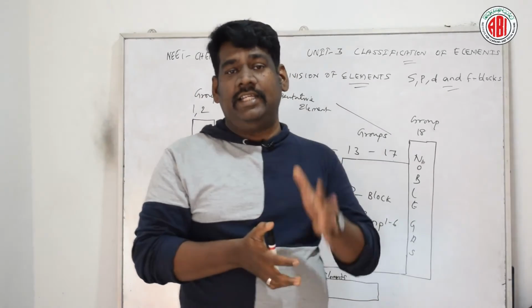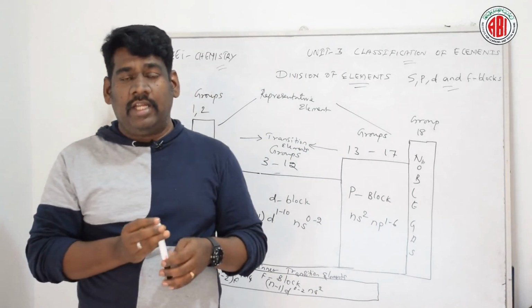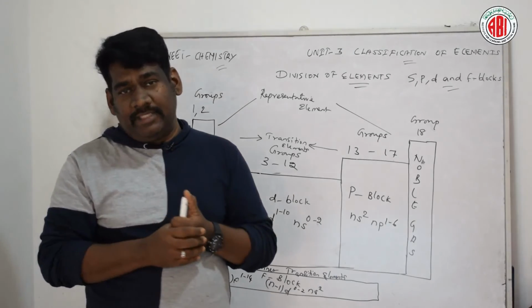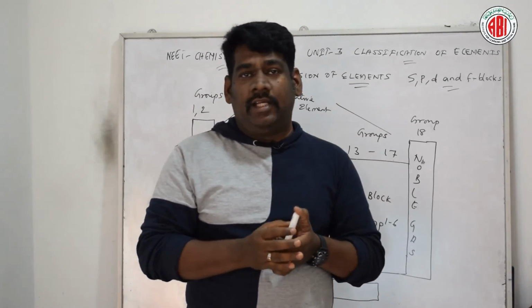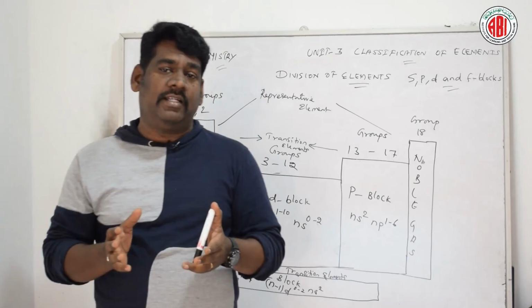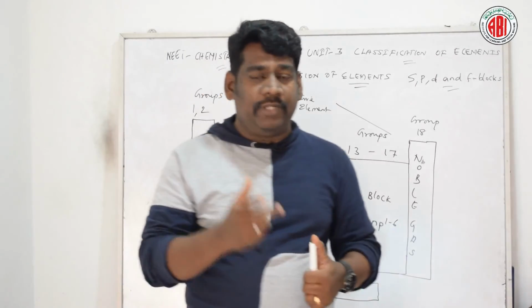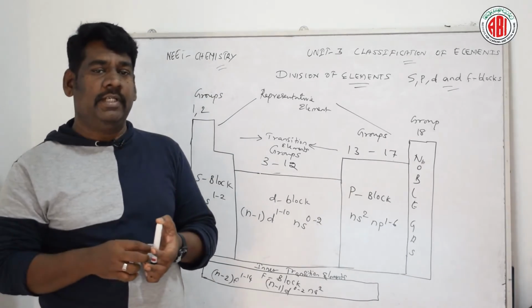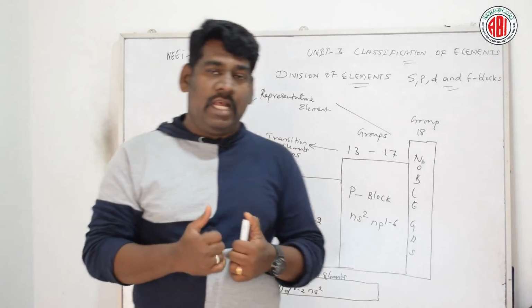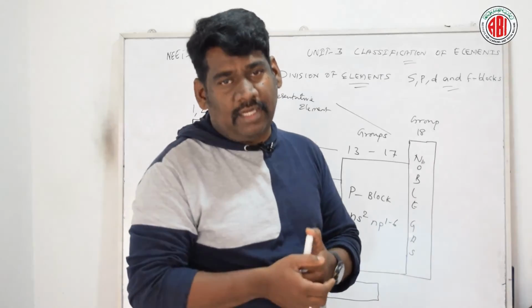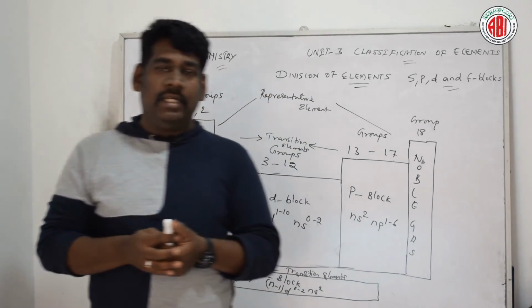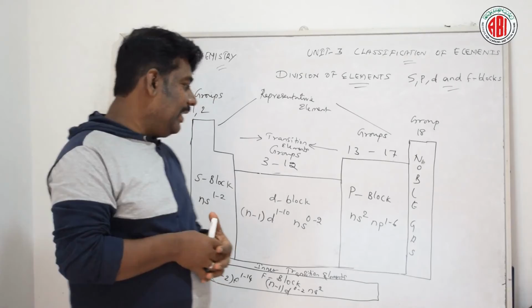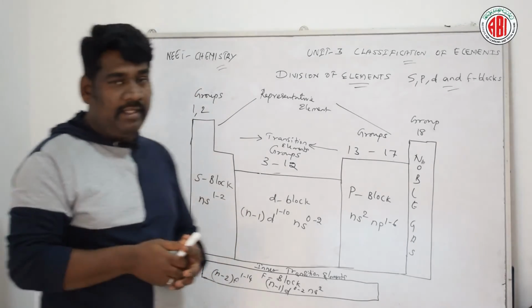Actinoids are really radioactive in nature, and many of the actinide elements have been made in nanogram quantities or even less by nuclear reactions. These actinides, being elements after uranium, are also called trans-uranium elements. These are the major characteristic features of F block elements.